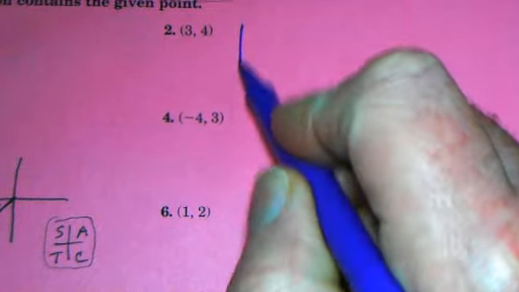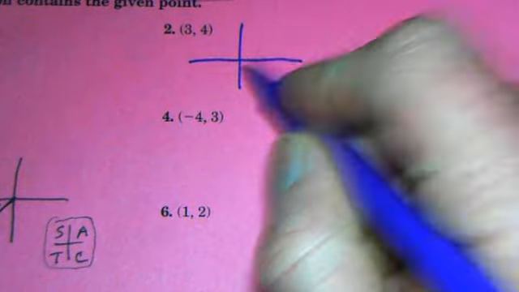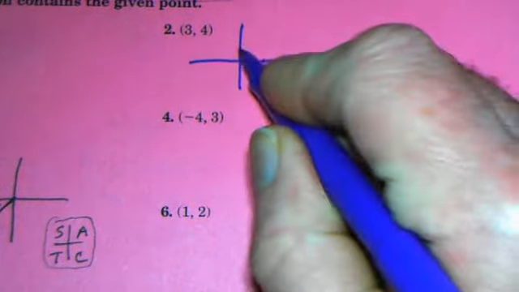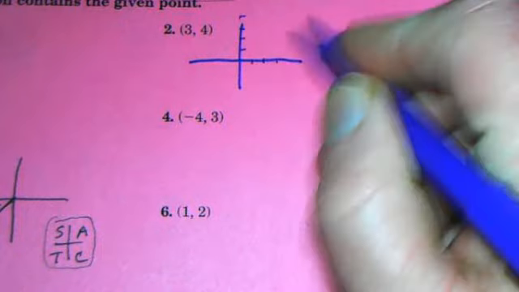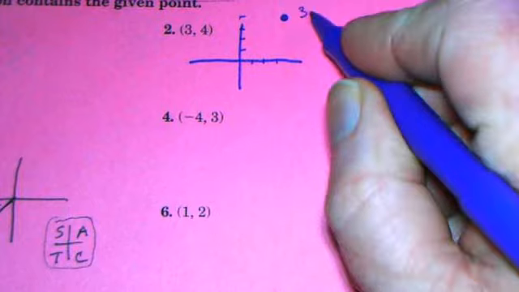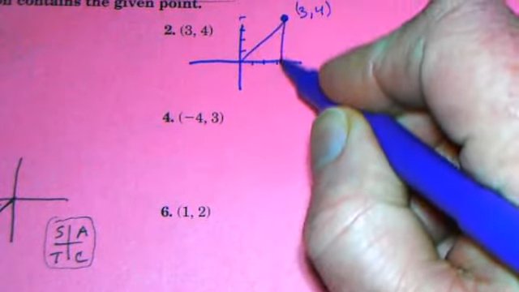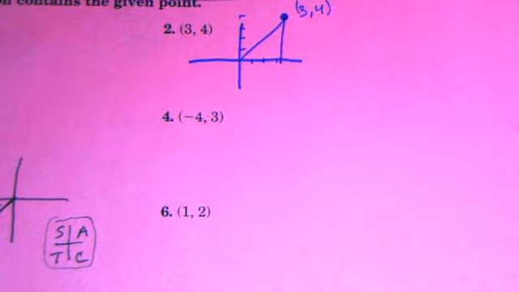So what we need to do, before we do anything else, is plot the point 3, 4 that they give us. We're over 3 and up 4. So at that point there, this is point 3, 4. We want to draw the right triangle that goes with 3, 4.